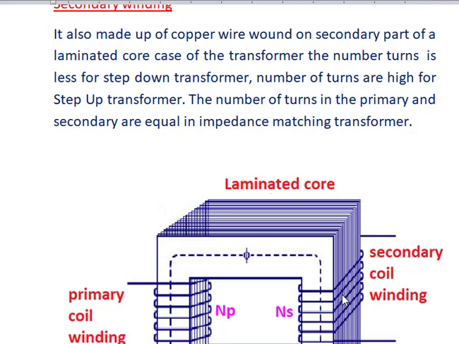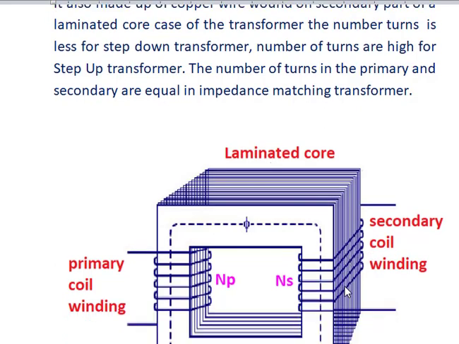In the case of a step up transformer, the secondary coil winding is high when compared to the primary coil winding. So the low AC voltage is converted into high AC voltage in the case of a step up transformer. The number of secondary coil windings is high and the number of primary coil windings is low in the case of a step up transformer.